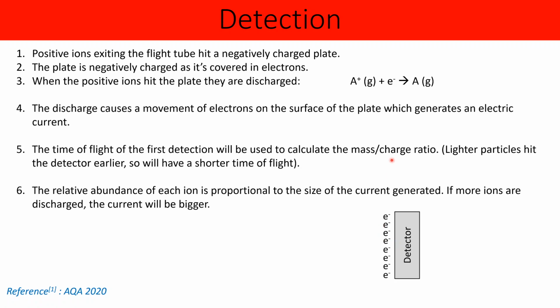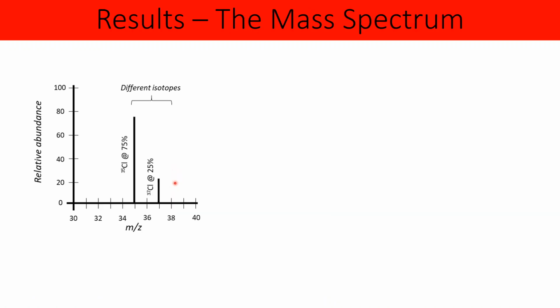But the actual m/z value is simply calculated by time of flight. So abundance is about the size of the current, whereas m/z value, or mass to charge ratio, is about time of flight. To put that into context, this chlorine weighs 35, so it would have had a shorter time of flight, and all of those ions would have hit the detector at the same time.